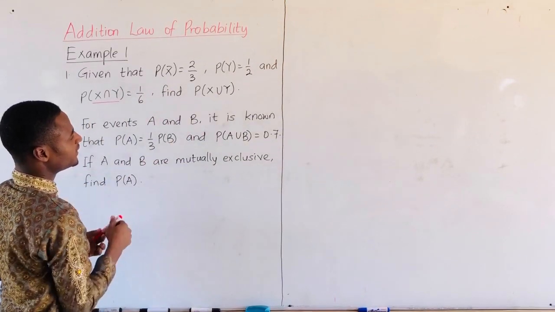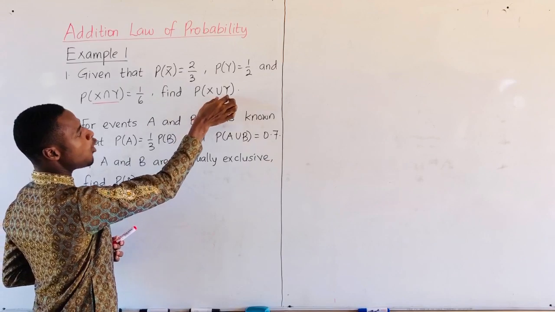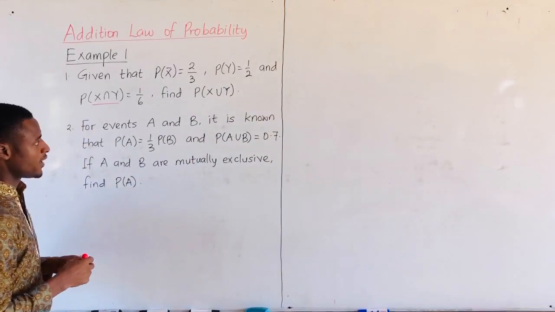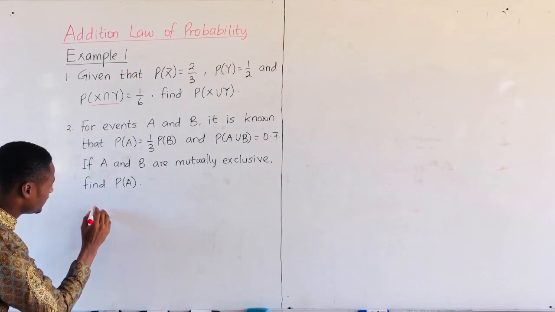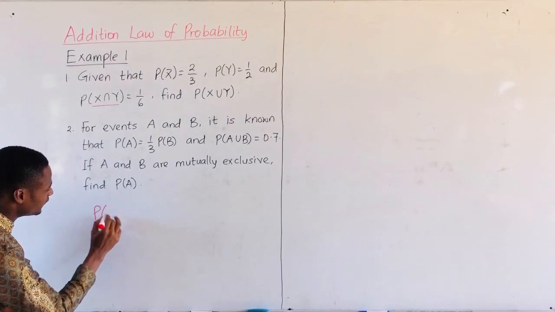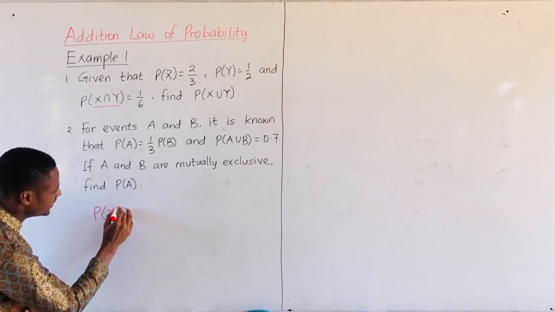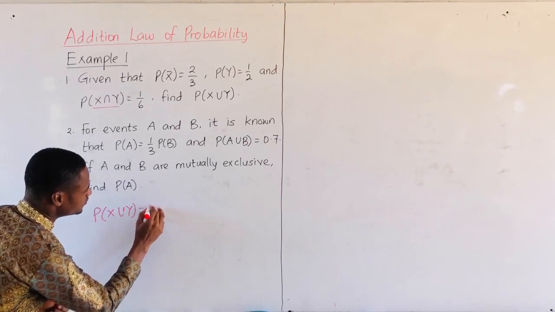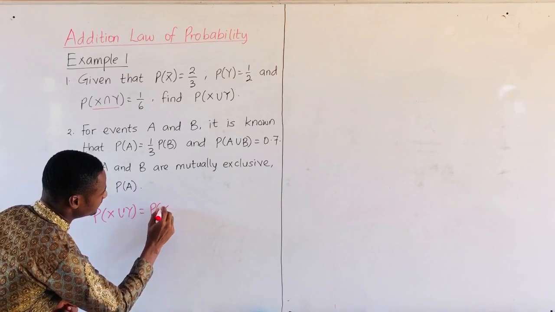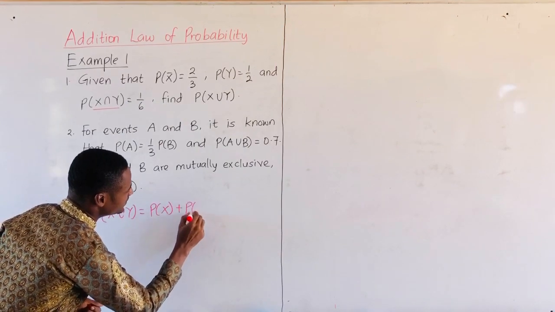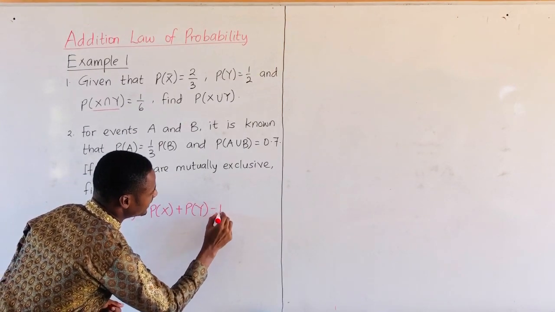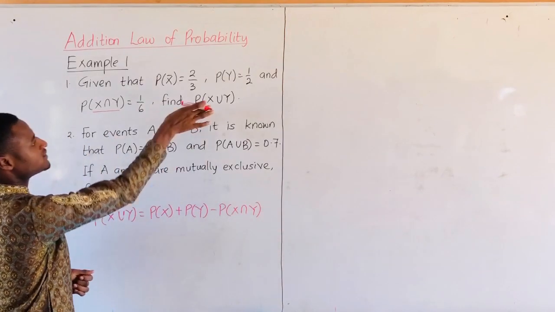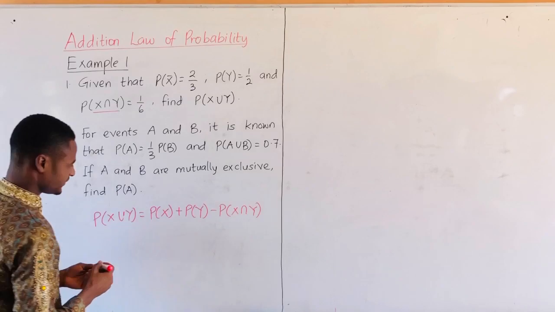We are going to find the probability of x or y occurring, which is the probability of x union y. So, from the addition law of probability, we know that the probability of x union y is equal to the probability of x plus the probability of y minus the probability of x intersection y, since these are intersecting events.